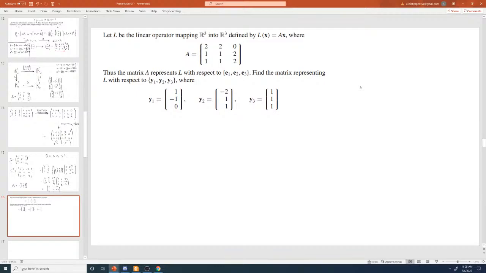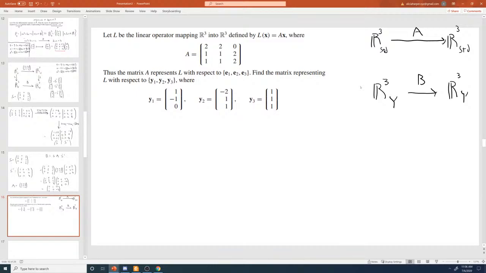So let's write down our diagram. We have R3, standard basis, R3 with the standard basis. And with respect to the standard basis, it's given by a matrix A. And now we have our y basis. And we want to find the matrix representing it with respect to the y basis.